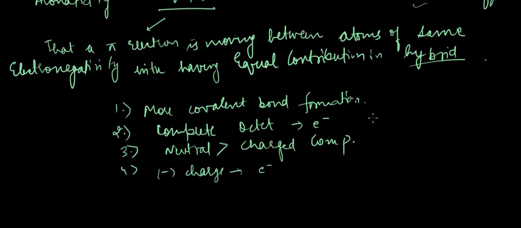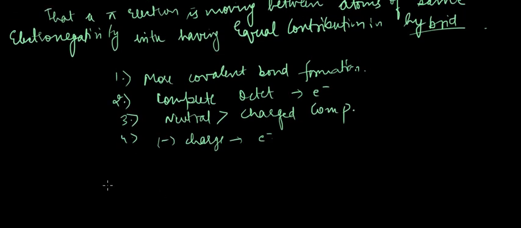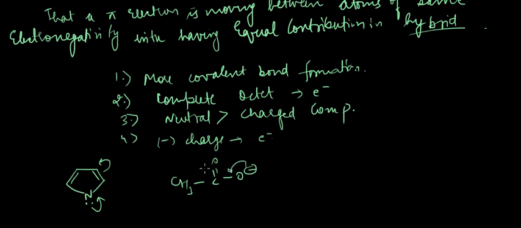Right, so let me just give you a quick example on the same. If we have something like this, then does it have equivalent RS? No. Why? Because the pi electron is moving away from the most electronegative element and going to the carbon atom. Okay, so in this case, do we have equivalent RS? Yes. Why? Because the pi electron is moving from electronegative element and again going back to the electronegative element.